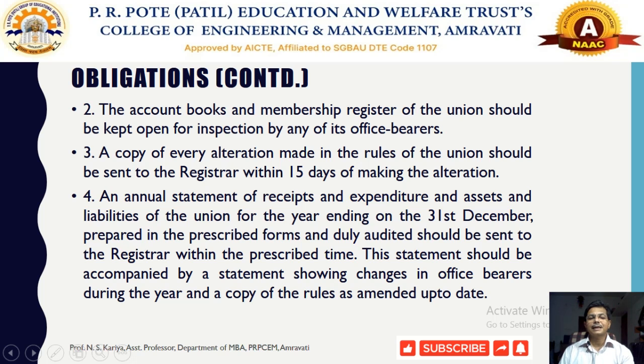Also some assets and liabilities, whichever assets and liabilities are available to the union or were purchased in the last financial year, they need to submit all these details at the year end on 31st December every year, prepared in the prescribed form, and a duly audited report should be sent to the registrar from time to time.